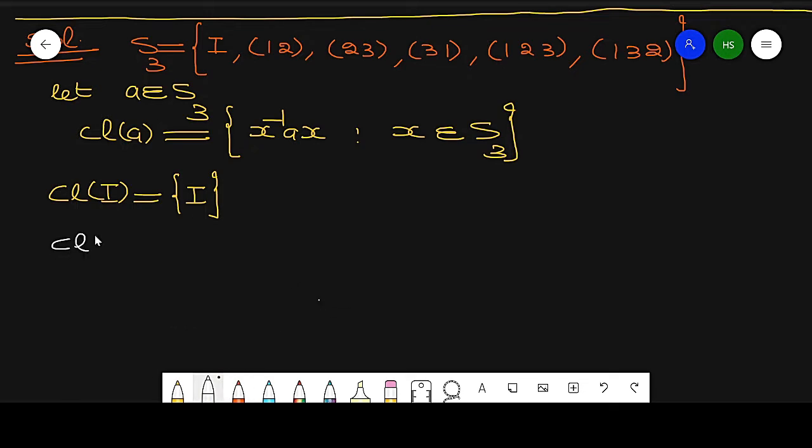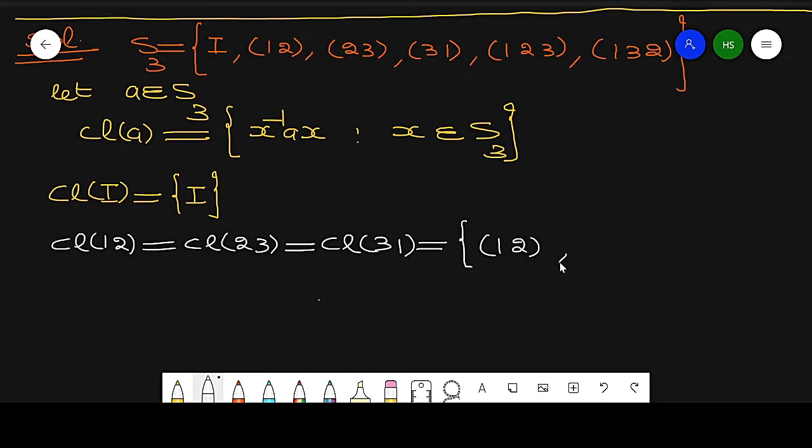So the class of (1 2), the class of (2 3), and the class of (3 1) are equal, and they consist of the cycles of order 2: (1 2), (2 3), and (1 3) or (3 1).